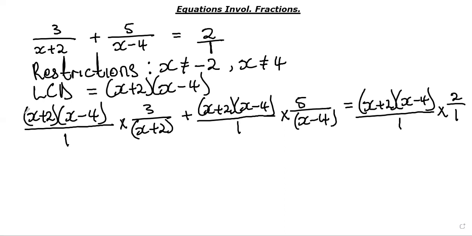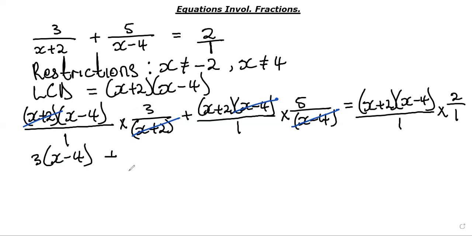Now, from this point, what is the aim of doing this? It's so that this one and this one can cancel out. This one and this one will cancel out. But on the right-hand side, we have nothing canceling the other. Now, in its simplest form, for the first term, you'll be left with x - 4 multiplied by 3. So you can say 3(x - 4).